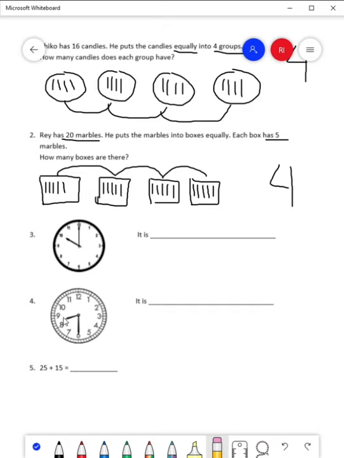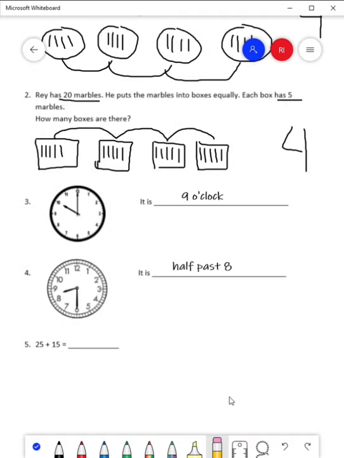Not 9 because the hour hand hasn't passed 9 yet. So we can write here half past 8. Okay, so let's move to the next question.